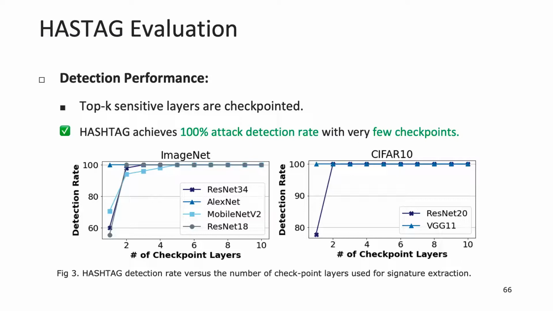Instead, it has a layer-wise sensitivity analysis method that first identifies the most vulnerable layers and computes the hash signatures for those K layers. And the signatures of these K layers are checkpointed as the ground truth for comparison. And this selection approach of the sensitive layers makes Hashtag very lightweight because we only need very few checkpoints to achieve a high detection rate.